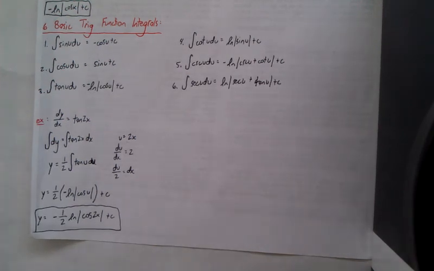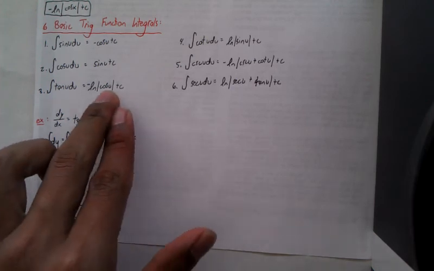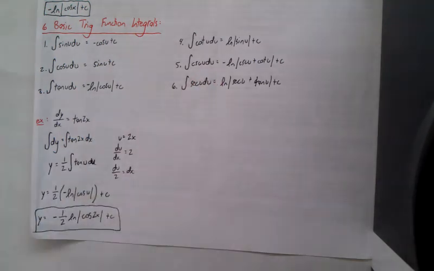So, pretty straightforward for trig functions. Hardest part is probably just remembering these 6 integrals. If you can, I would highly recommend committing those to memory as best as possible.